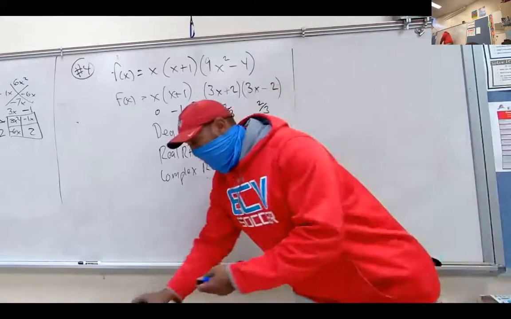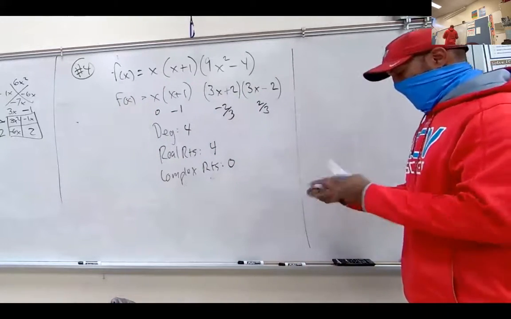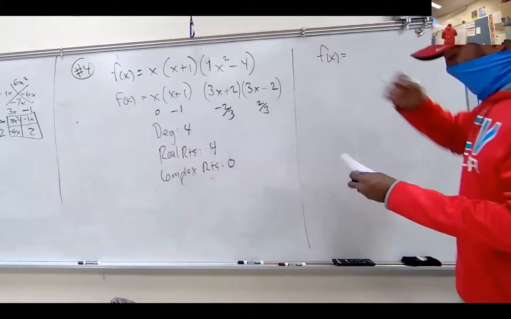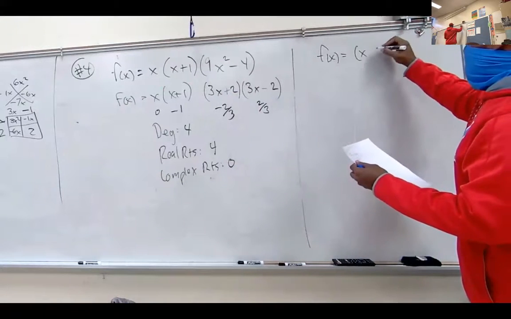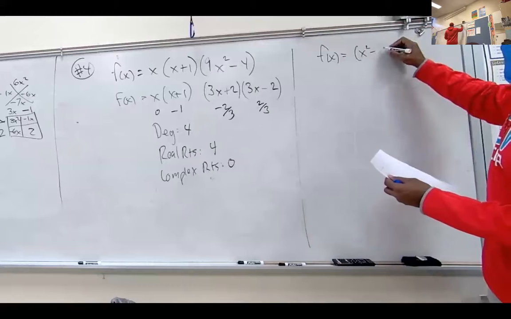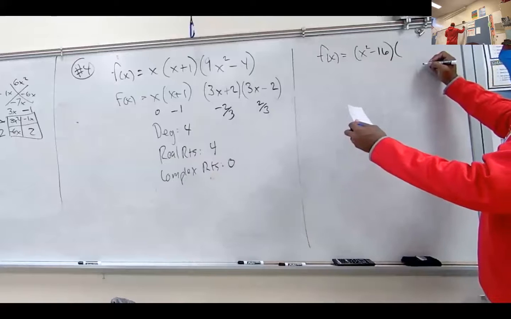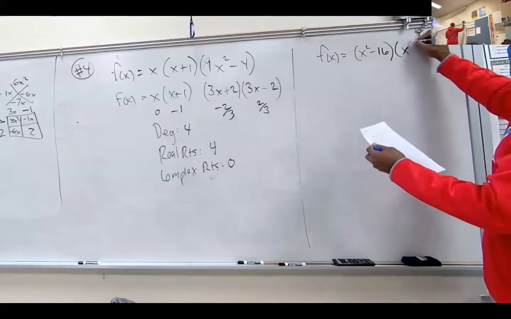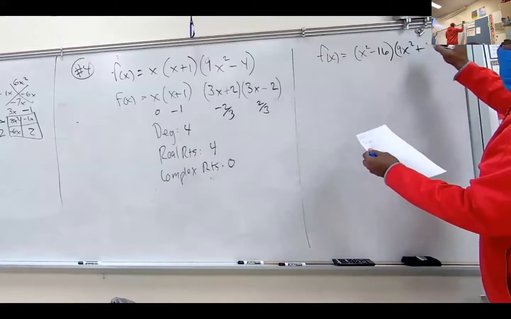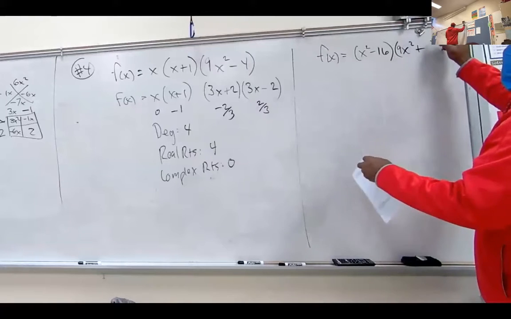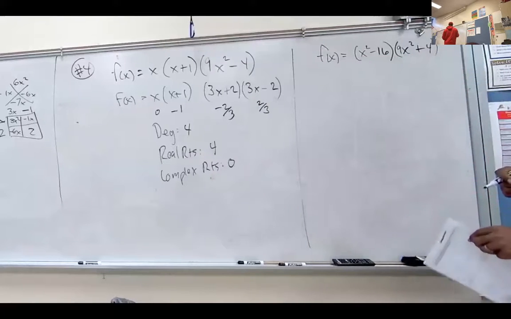Okay, so now let's say I've got f of x equals x squared minus 16, then 9x squared plus 4 this time. Let's do the same thing as that one.